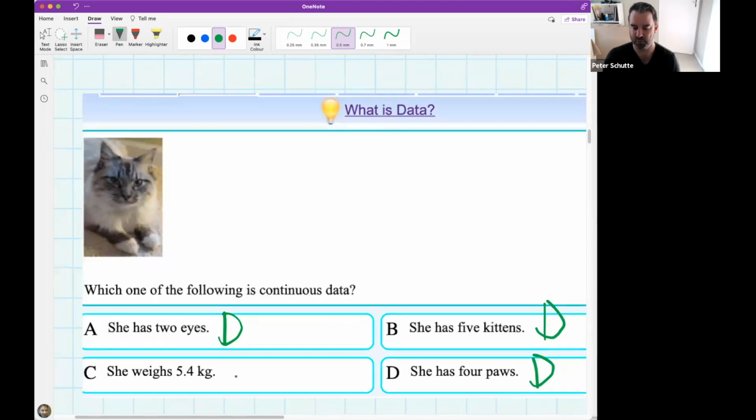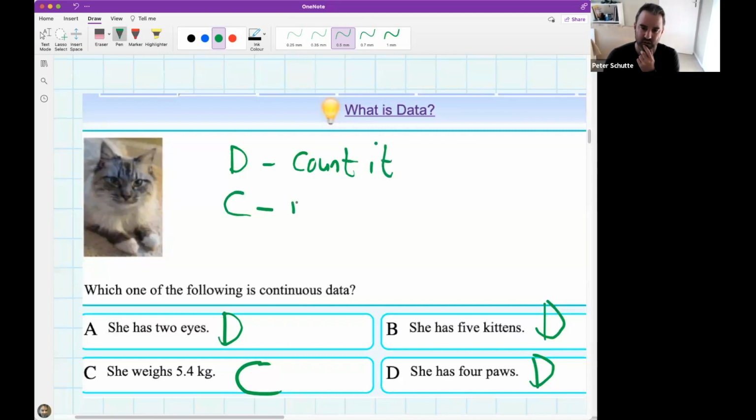But she weighs 5.4, well, that's going to be continuous data. And the way that I think about it in my mind is it's going to be discrete if you count it. It's going to be continuous if you measure the data. So if you measure it, like the temperature, your weight, your height, it's continuous. If you count it, it's discrete. That's what I always use to remember.